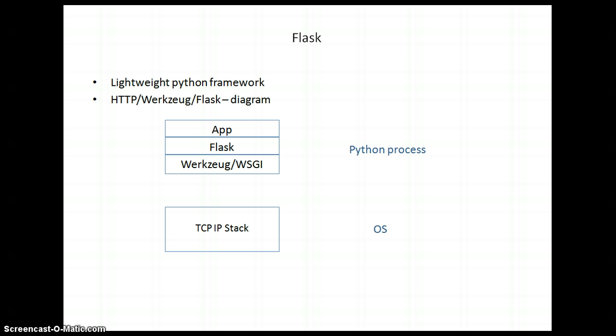Werkzeug, or WSGI, is basically an HTTP handler, which handles all the HTTP packets that come to the web server. It parses the HTTP request and converts that into a data structure, like I said, the request dictionary, and offers that to Flask.